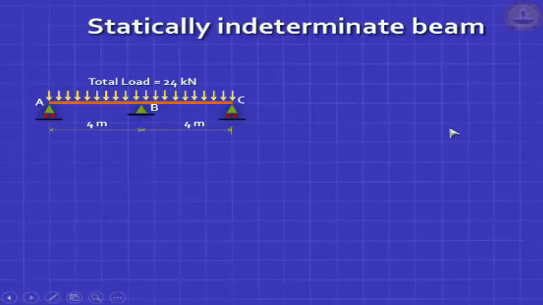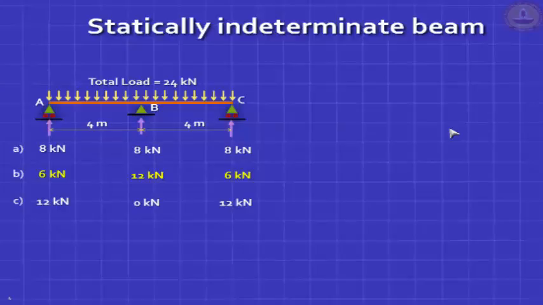I'll give you many options. The three reactions, let's say, are 8, 8, 8 equally. That's one option. It satisfies equilibrium. Let me give you another one. Option B. 6, 12, 6. The middle fellow is in the middle, so he'll be carrying more load. Next option, and it will be true if the middle fellow was a short fellow not able to touch the beam, but this seems to be an obviously wrong option, but it's still satisfying equilibrium. 12, 0, 12.